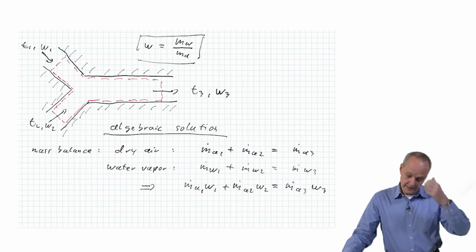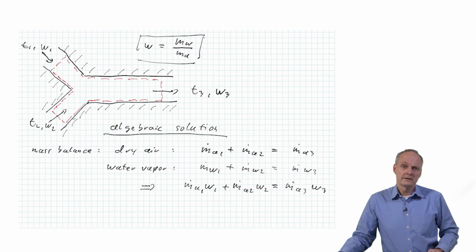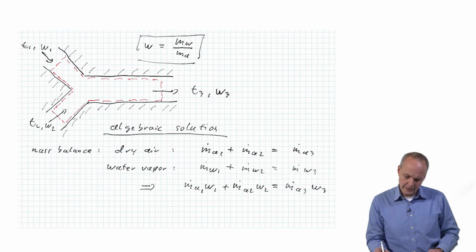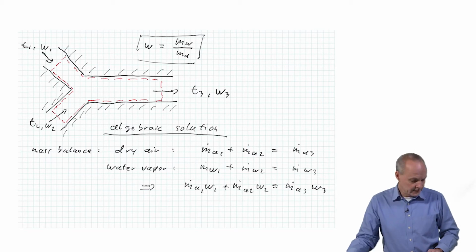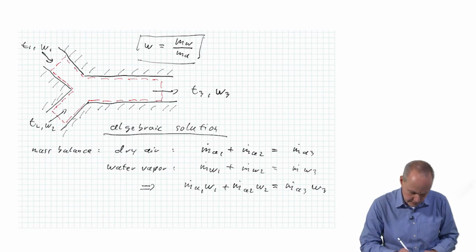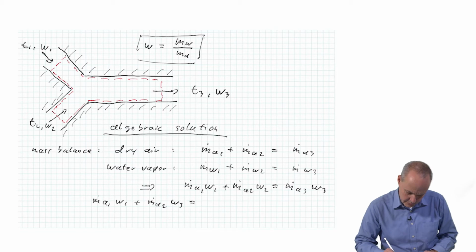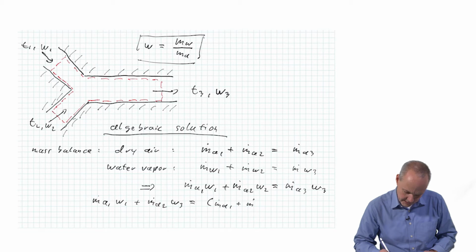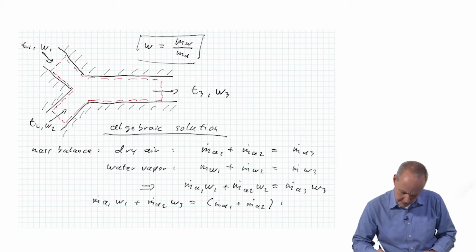Now what I can do in the mass balance for the water vapor is replace m dot A3 with what I have from the mass balance for dry air. Okay, so let me do this real quick. And then what I get overall for the mass balances is m dot A1 W1 plus m dot A2 W2 is equal to m dot A1 plus m dot A2 times W3.